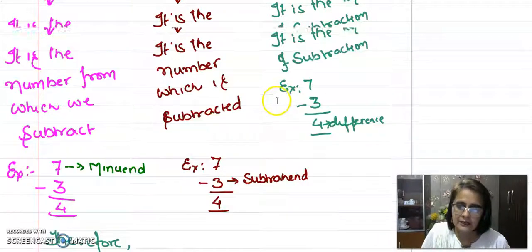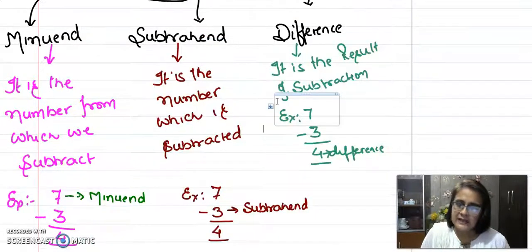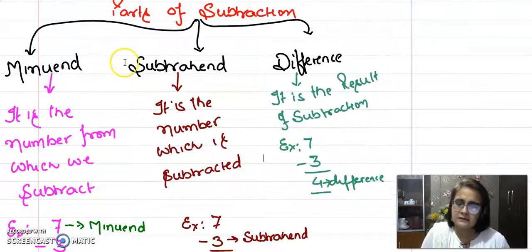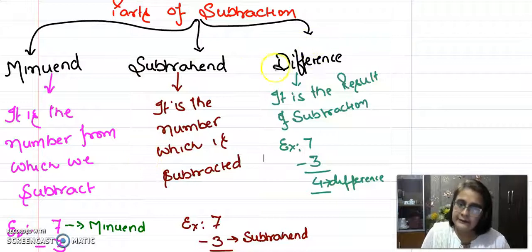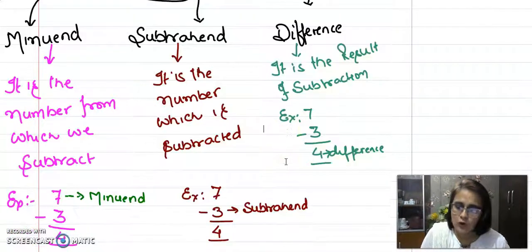Once again you see that subtraction has 3 parts: minuend, subtrahend, difference. Minuend is the number from which we subtract. Subtrahend is the number which is subtracted, and difference is the result of subtraction.